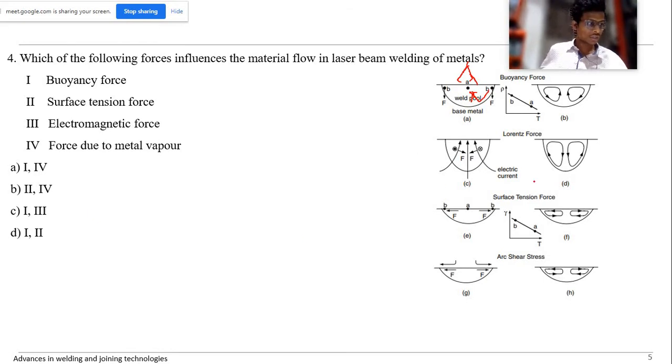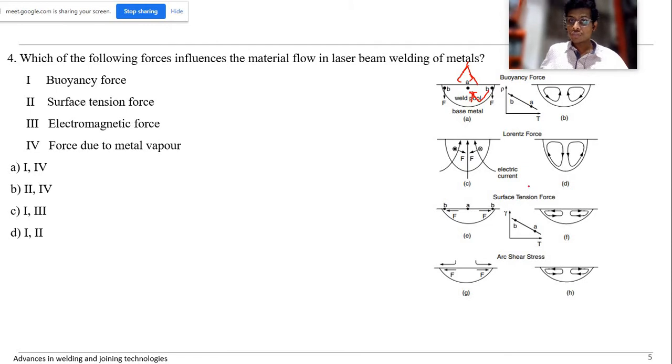If you guys have any doubt, you can just ping in the chat box. And I'm also telling you that in Welding Metallurgy by Sindo Kou, he has clearly mentioned this. If you want further clarity about this, you can proceed further. Also, I want to insist on one more point.